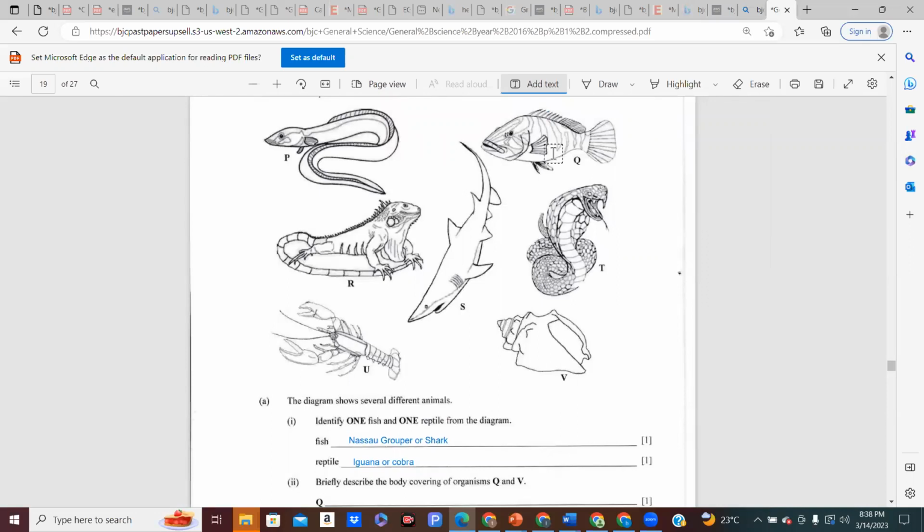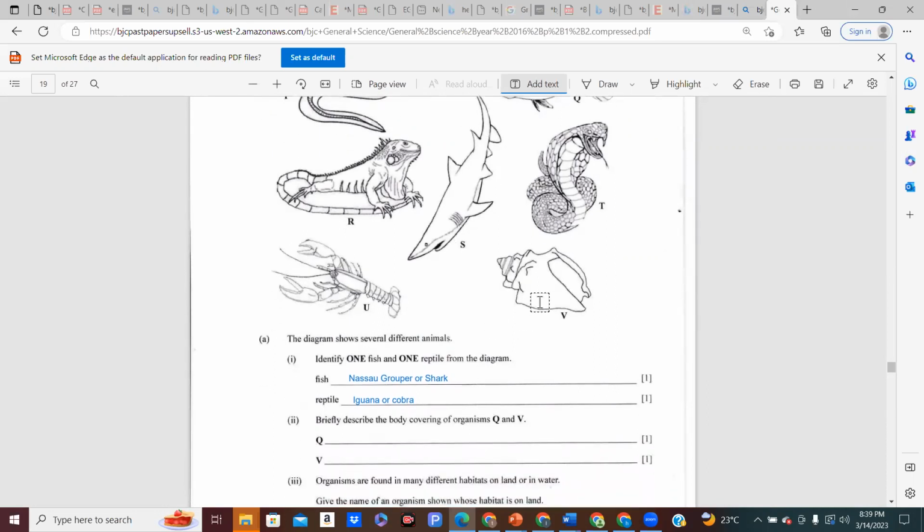What is a Nassau grouper covered in? Scales, very good. Now we have V. What is V? A conch. What type of covering does the conch have? A shell. Yes, it's a hard exoskeleton.